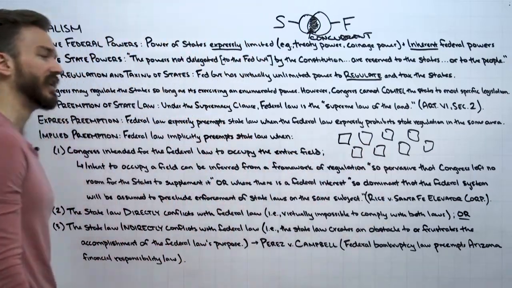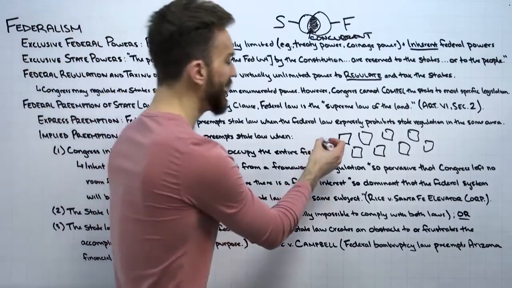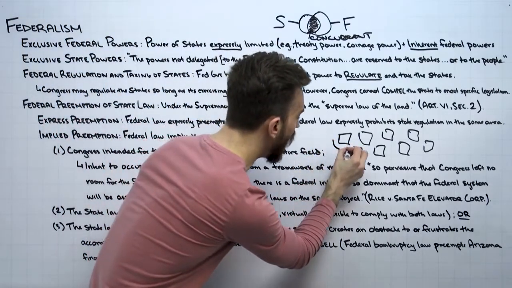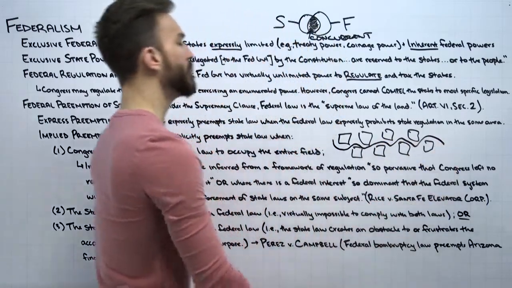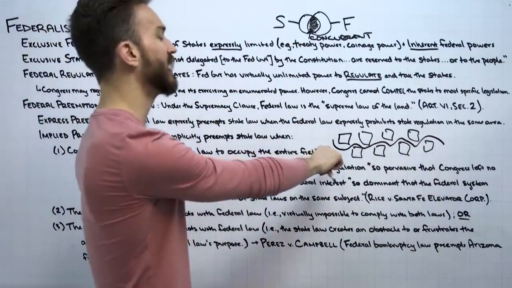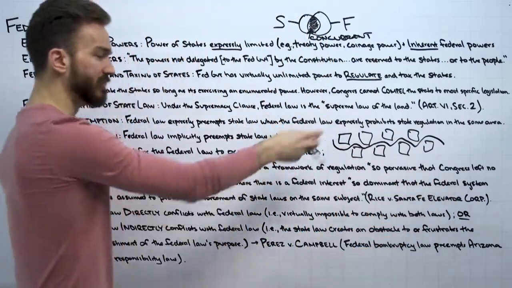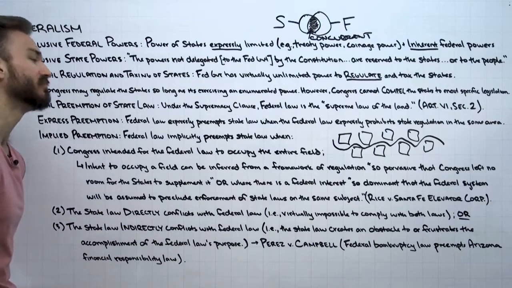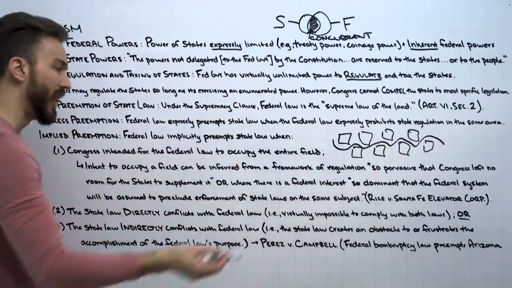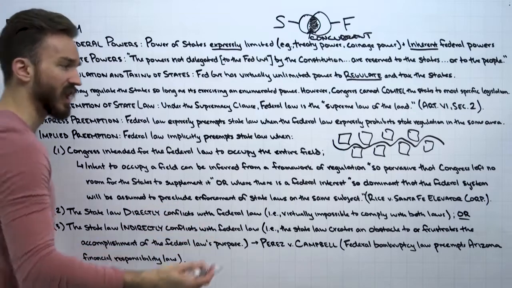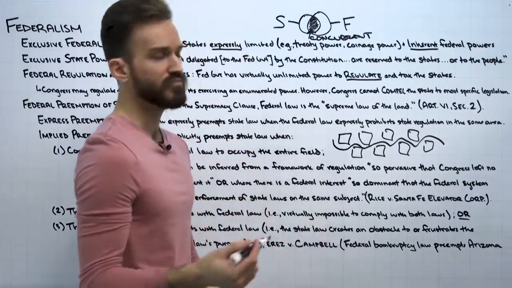So the deal is when states go to pass laws or regulations, they have to very carefully dodge all of these areas, right? Because if they come in and they regulate in an area that is already regulated by the feds, it's going to be preempted. If they touch on a field that is regulated pervasively by Congress, that area of their law is going to be preempted.